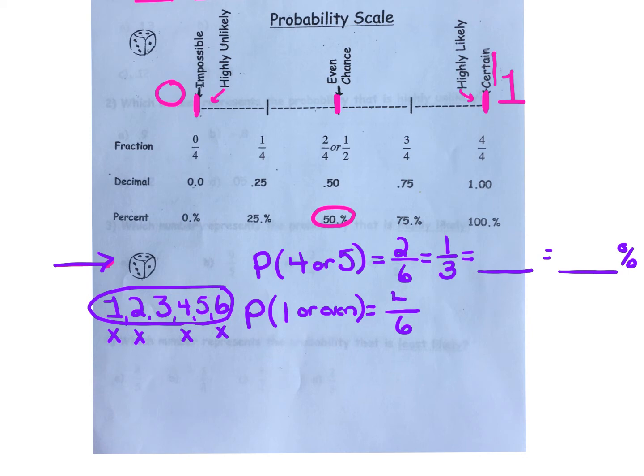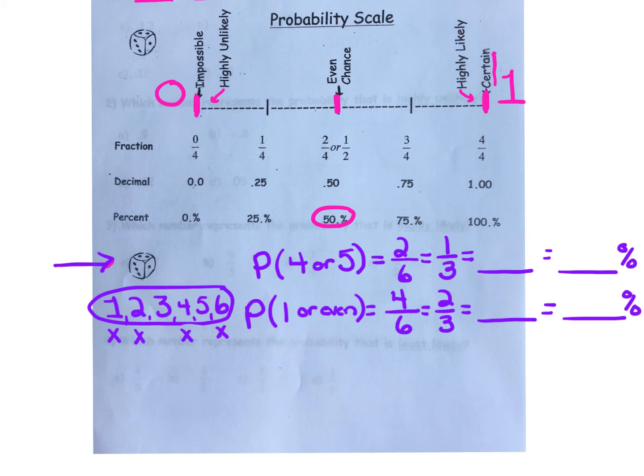We have a 4 out of 6 chance, or a 2/3 chance reduced. You're going to convert that to a decimal and then convert that to a percent. Again, we'll correct these at the end of this video.